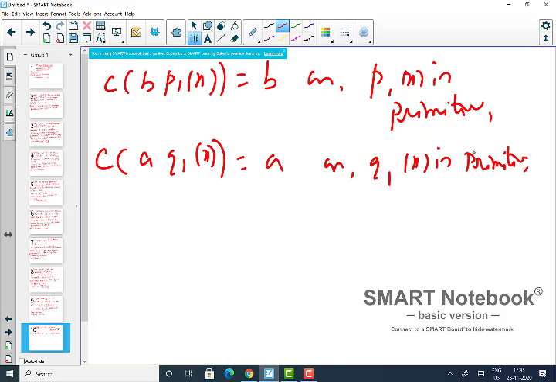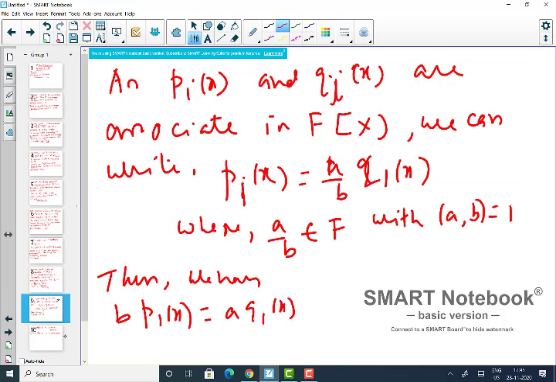So what does that mean? They have different content, right? The content of this has to be equal to the content of this, right? But the GCD of a and b equals 1.